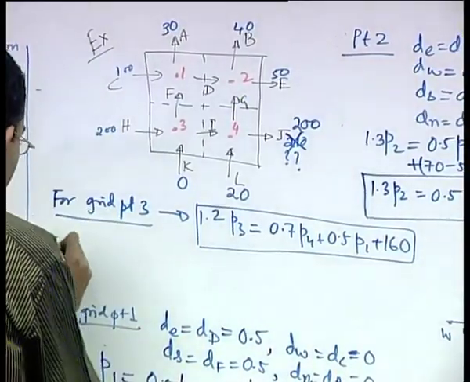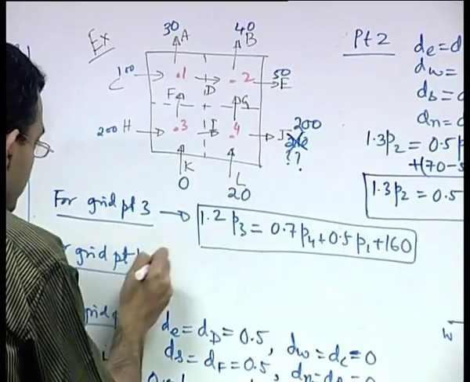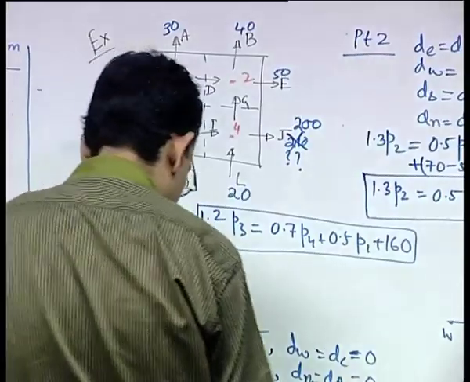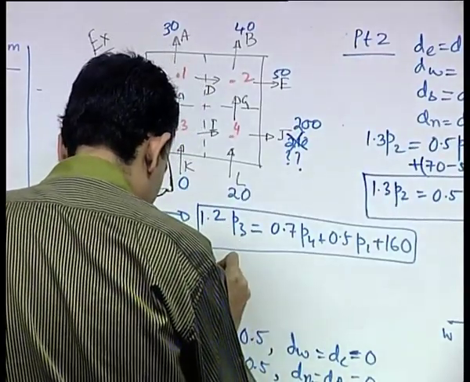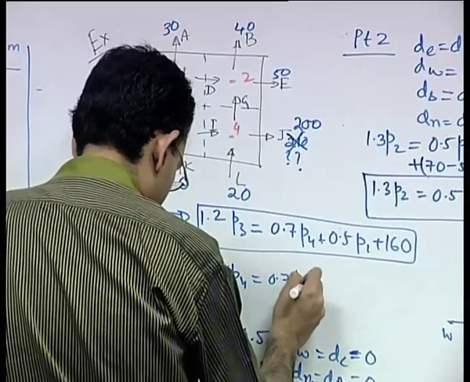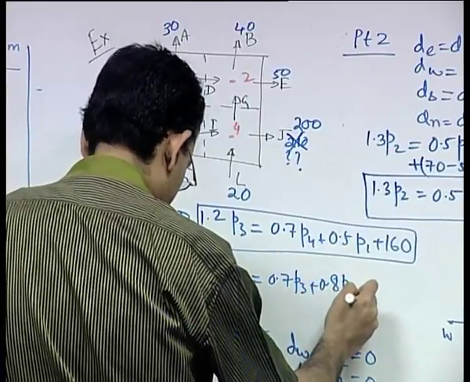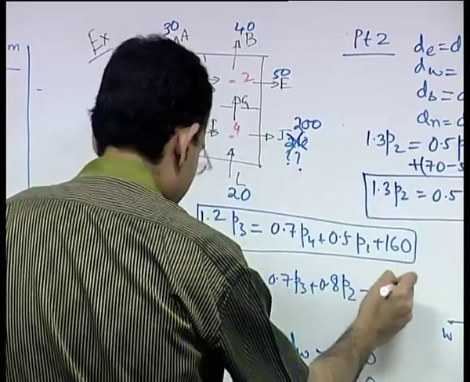And for grid point 4, it is 1.5 P4 is equal to 0.7 P3 plus 0.8 P2 minus 188.